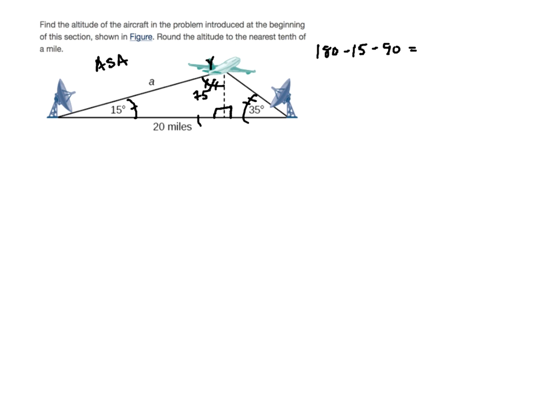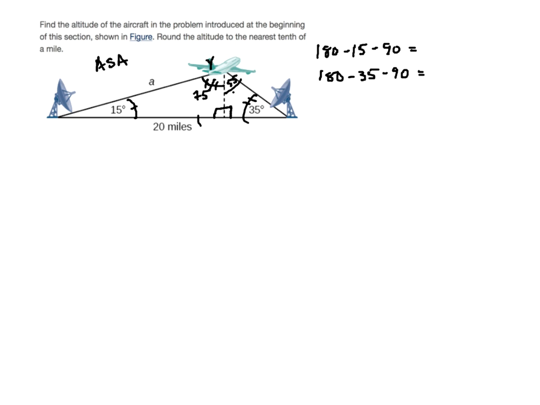That angle is 75 degrees. We can also know what the other one is too. 180 minus 35 minus 90 gives us 55. So this angle here is 55.